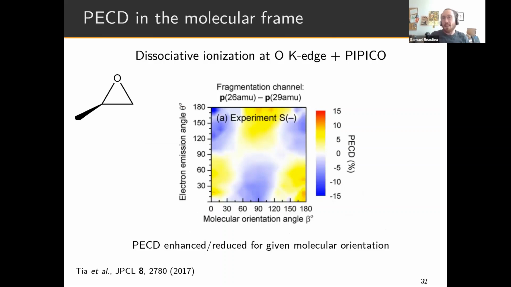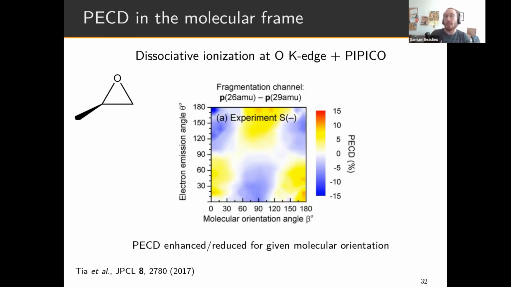So static photoelectron circular dichroism has already been measured using a COLTRIMS detector by the group which pioneered this technique in Frankfurt. And they have shown here that you can measure the photoelectron circular dichroism as a function of the molecular angle between molecule and light.